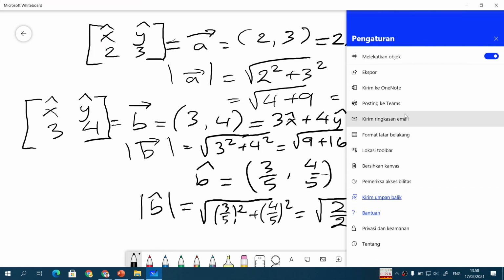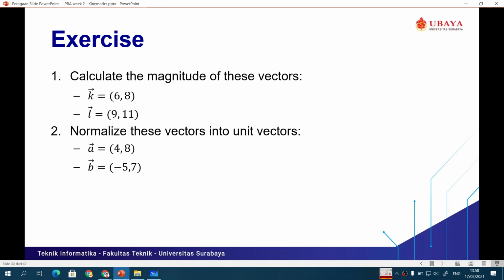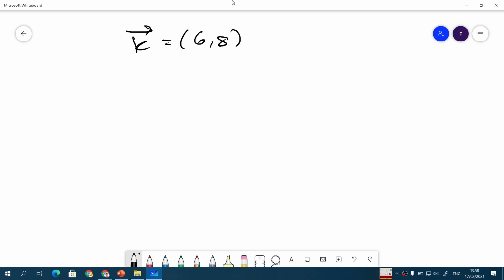I will give you the example for the factor k first. k is 6 and 8, and you are tasked with calculating the magnitude. That means to calculate the magnitude of factor k, we take the square root of 6 squared plus 8 squared.